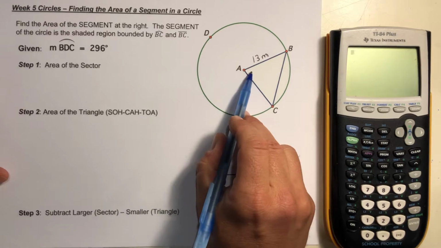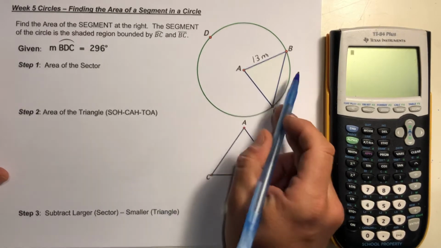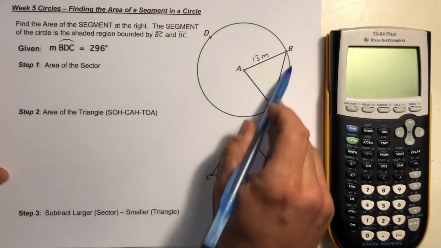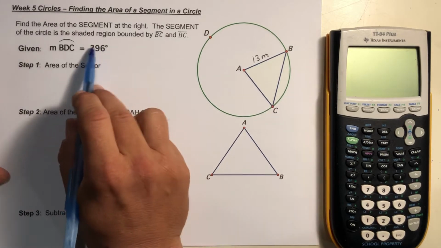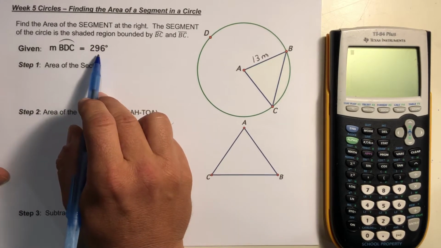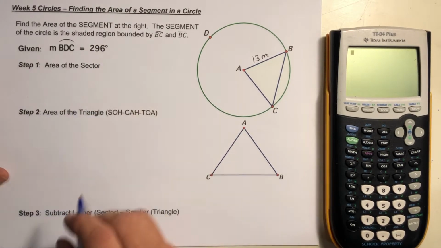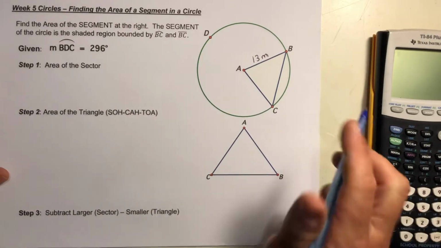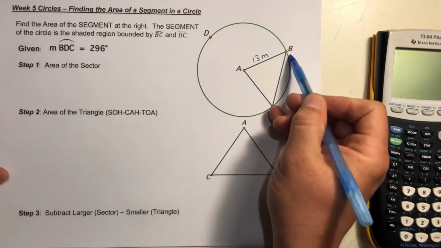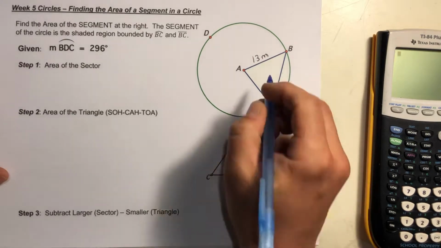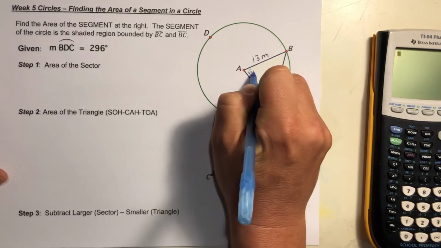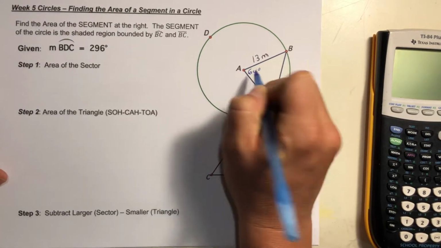To find the arc measure from B to C, we'll take 360 and subtract 296, which gives us 64. So not only is the measure of arc BC 64 degrees, but the central angle is as well. We're going to need that in a few minutes, okay?